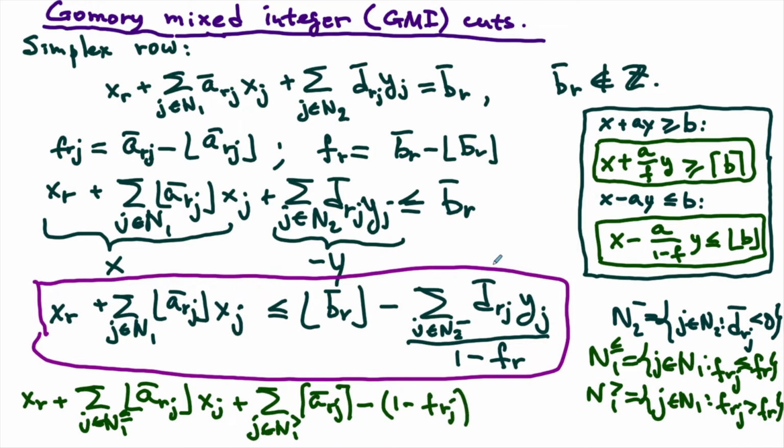Alright, so we didn't really change anything about the coefficient for xj. And then we still have the summation of j's in N2 of drj bars yj's, and all of this is going to be less than or equal to br bar.